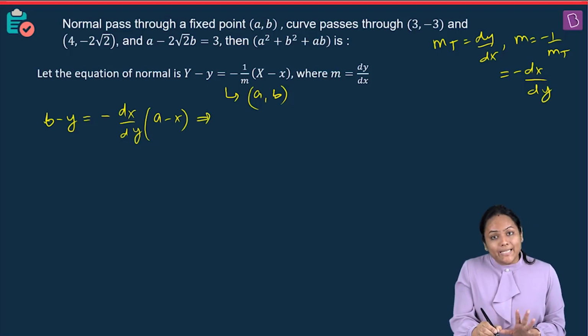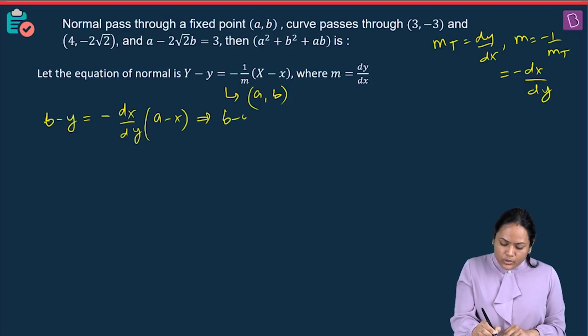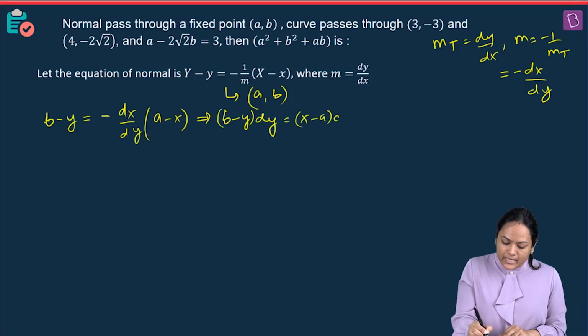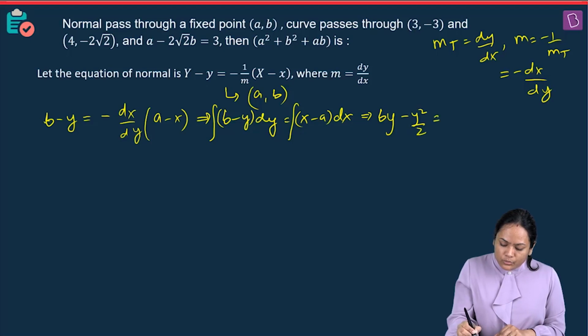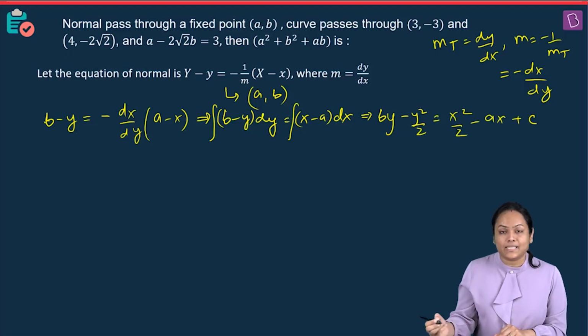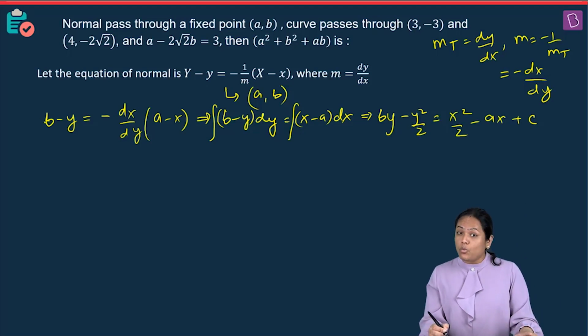So, I'm writing in variable separable form. It's going to become (B minus y) dy is equal to (x minus A) dx, and now on integrating both sides, I'm going to get By minus y square by 2 is equal to x square by 2 minus Ax plus c. Clear?